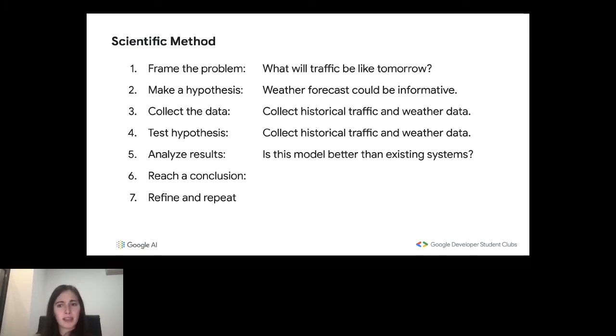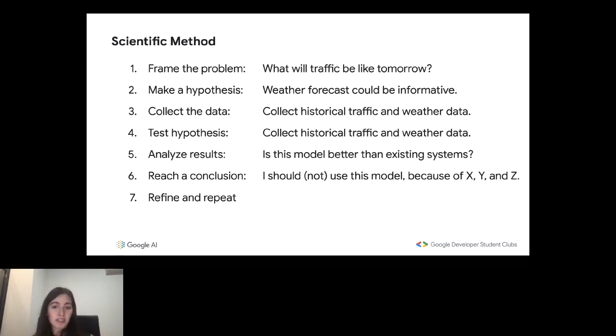Is it better than any existing system that we have? So at this point, we're going to try to analyze the results and see whether we made a good hypothesis, which it could be true. We could reach the conclusion that the model is useful. We should use this model to solve this problem. Or maybe it's not useful. Maybe we're not getting accurate predictions. Maybe the existing system is already good.